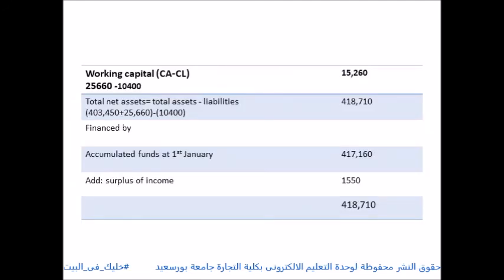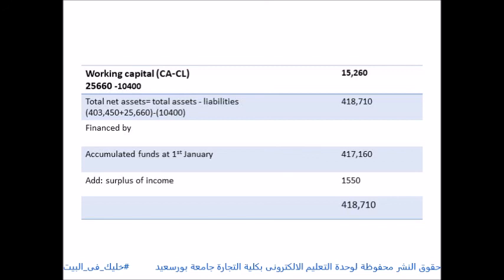We will subtract the current liabilities from the current assets to get the working capital. The working capital equals current assets minus current liabilities. So 25,660 minus 10,400 will equal 15,260. Then we will get the total net assets, which equals total assets minus total liabilities.